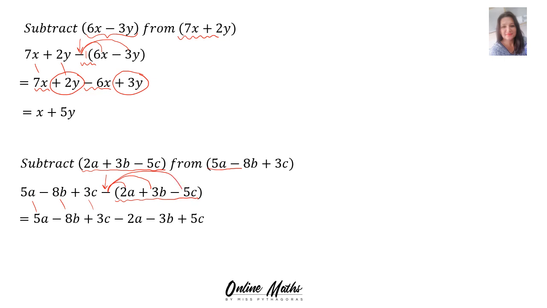And now you can add like terms. 5a minus 2a is 3a. Minus 8b minus 3b is minus 11b. And then plus 3c plus 5c is 8c.